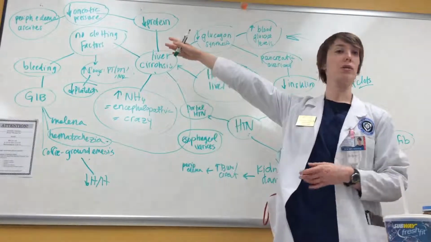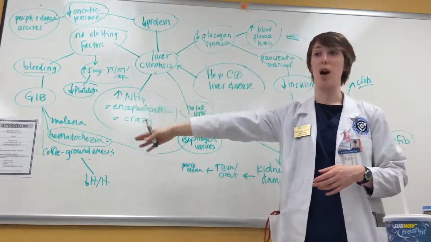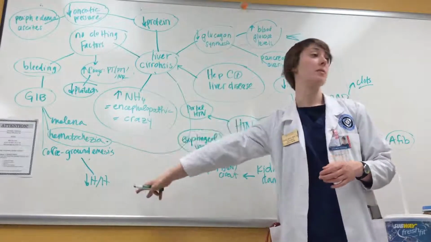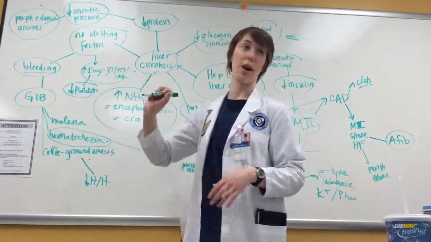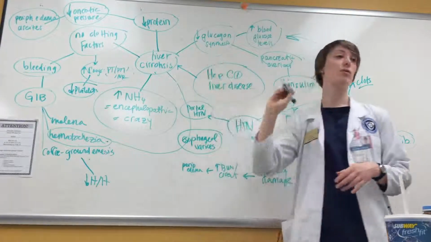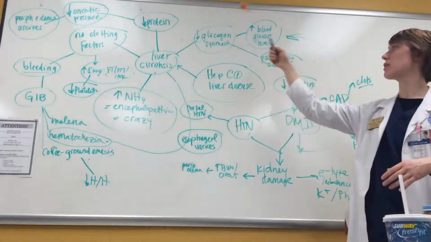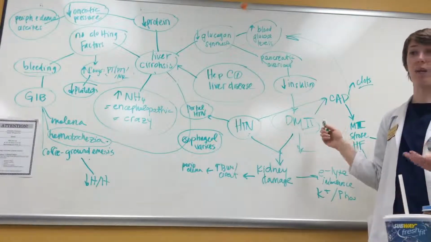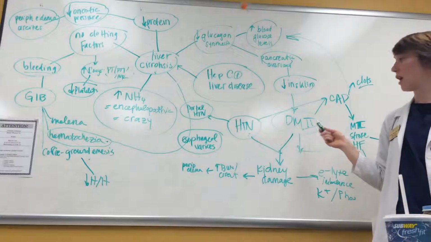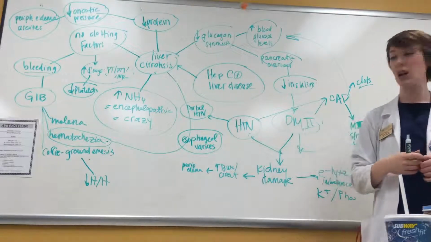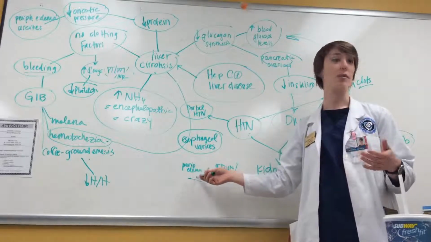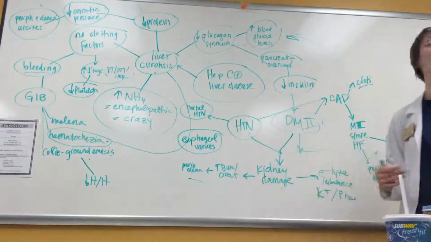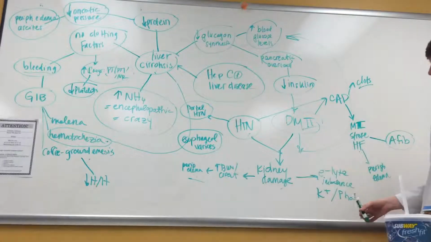They were unable to produce clotting factors, which led to the GI bleed that we saw, shown by the coffee ground emesis and the drop in H&H, including the drop in platelets and their coags. That liver cirrhosis also led to increased risk for diabetes, which they may have had because of this or already had. The diabetes plus the other comorbidity of hypertension led to kidney damage, giving another explanation for the peripheral edema, as evidenced by the elevated BUN and creatinine, K of 5.8, and phosphorus of 6.8.